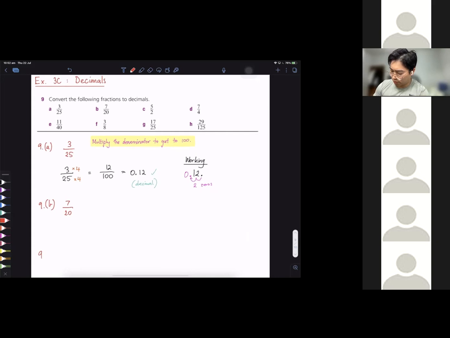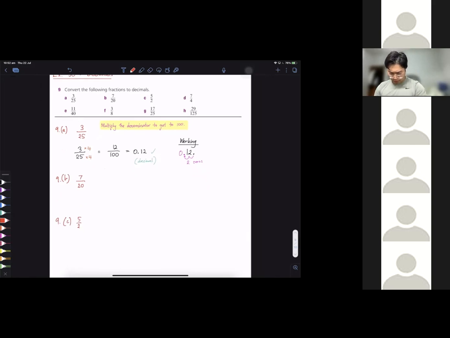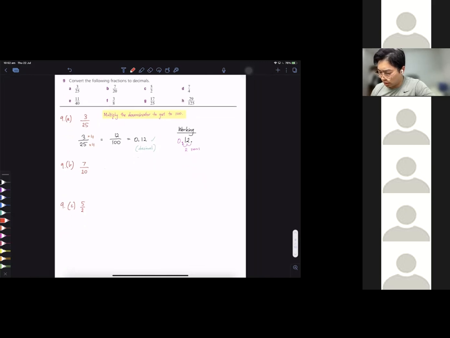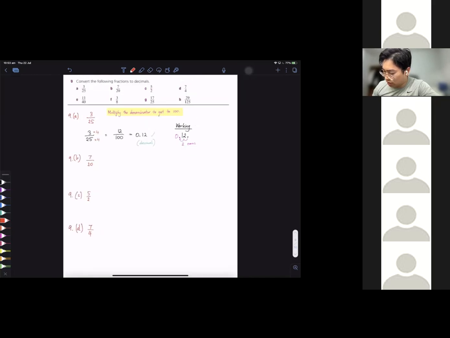I want you to try it for 5 over 2. We might spend the rest of the lesson trying to convert these fractions into decimals. You know what, let's actually see if we can do all of them. That'll be the challenge.